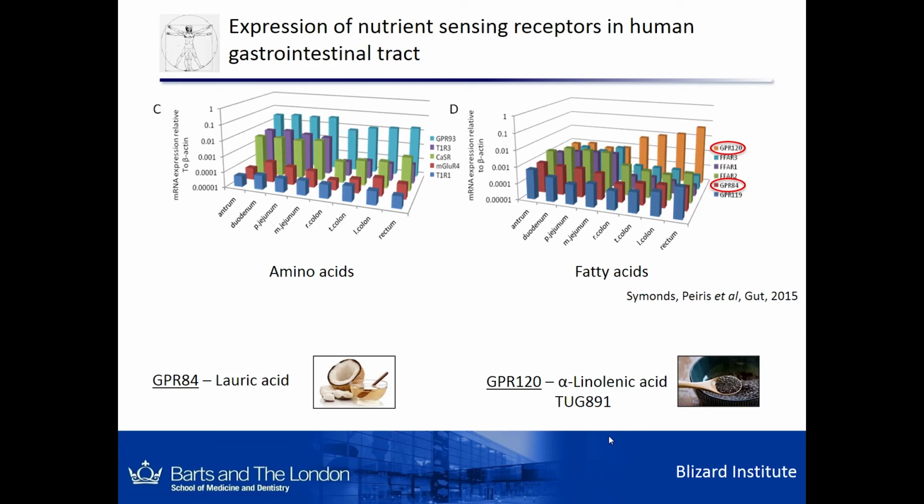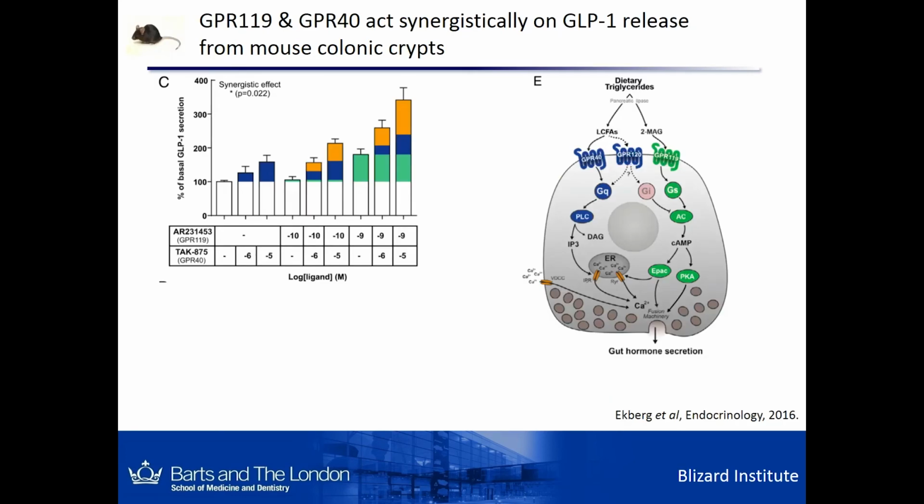Okay, so I'm sure Fiona is familiar with this, but this is a publication by Ekberg and colleagues. What they showed was some really interesting data in mouse. They showed that GPR119 and GPR40 actually act synergistically on GLP-1 release when studying release from mouse colonic crypts.